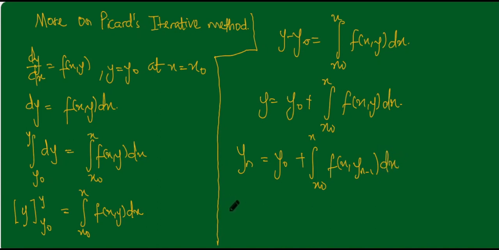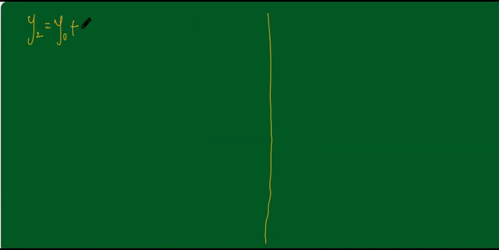So for y1, for example, it becomes y1 equals y naught plus the integral between x naught and x of f(x, y naught) dx. Also, y2 is equal to y naught plus the integral between x naught and x of f(x, y1) dx. And it goes on and on like that. So we can do the same thing for y3, y4, y5 as much as we can.